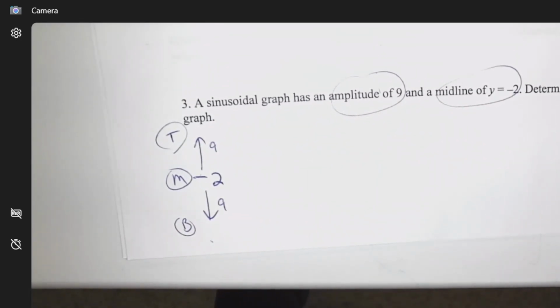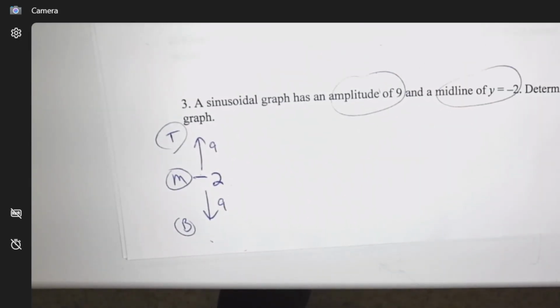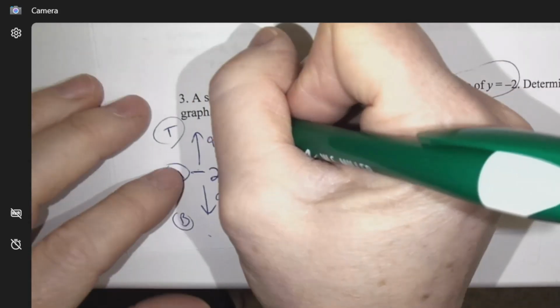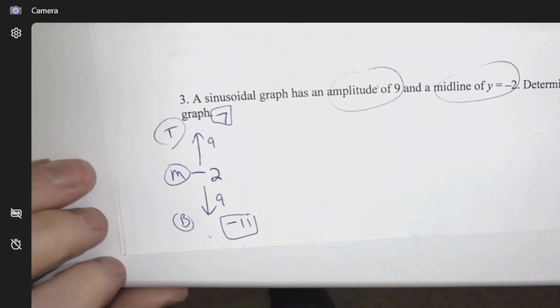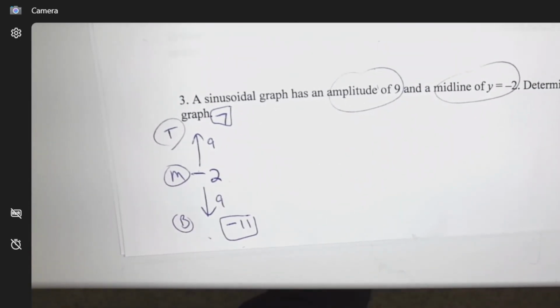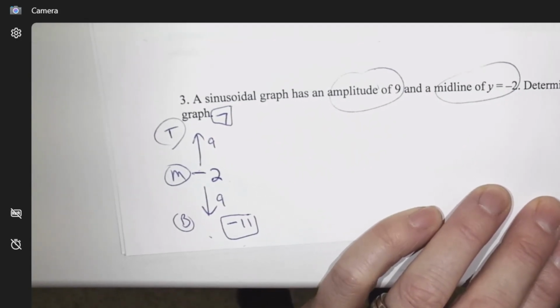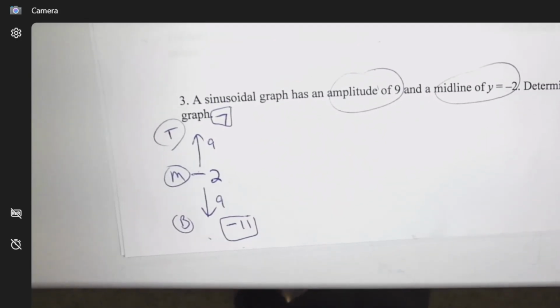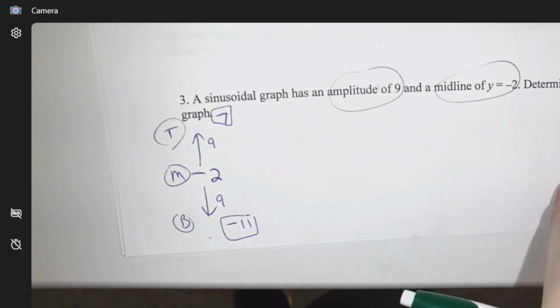Can you figure out where you're at if you go up 9, down 9? Going up 9 would be 7, down 9 would be -11. To write it as a range, you have to go from the low to the high. FYI, these are 18 apart, right? Because it's always double the amplitude.